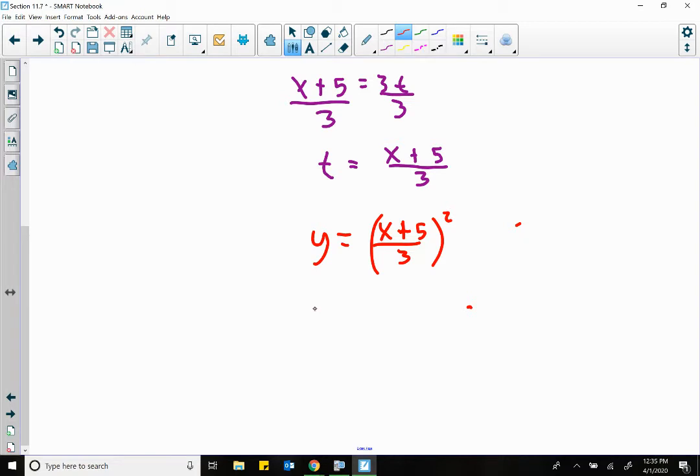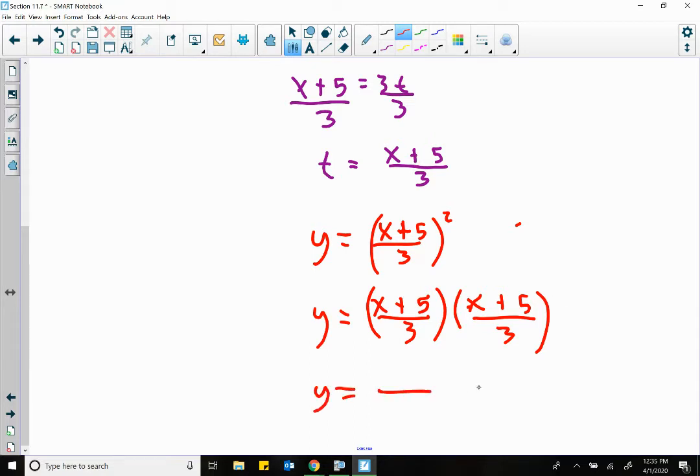What that really looks like is x plus 5 all over 3 times x plus 5 all over 3. How do I multiply fractions? I multiply across the top and across the bottom. So y is equal to, well, 3 times 3 on the bottom is 9.